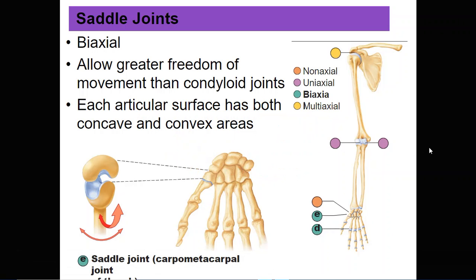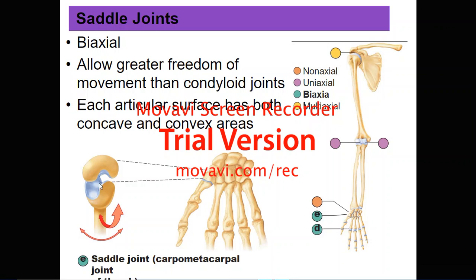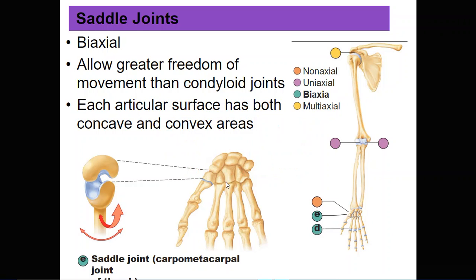And you find these saddle joints at the carpometacarpal joints of the thumbs, and this does look like a saddle. You see how this looks like a saddle, right? Okay, so again, you find it at the carpometacarpal joints of the thumb.